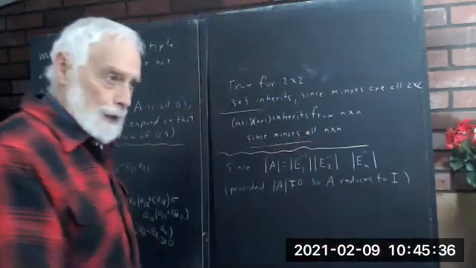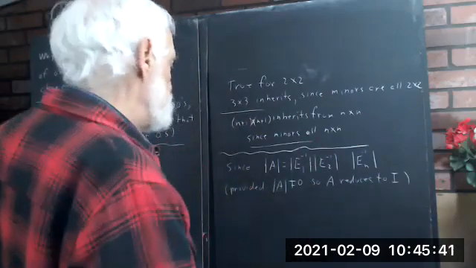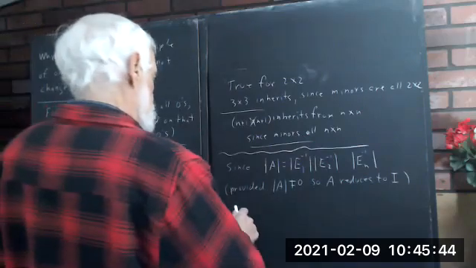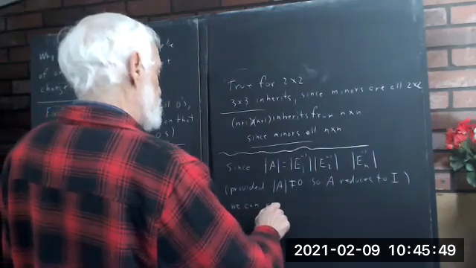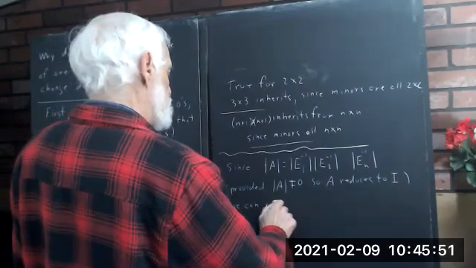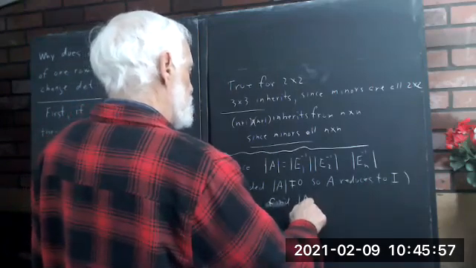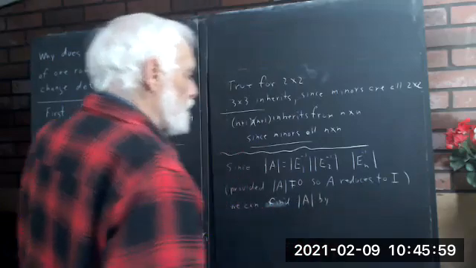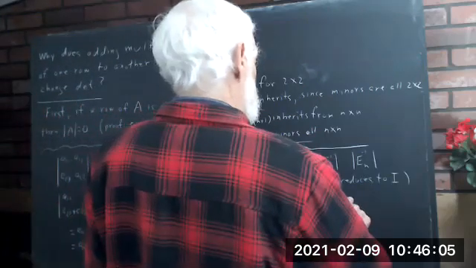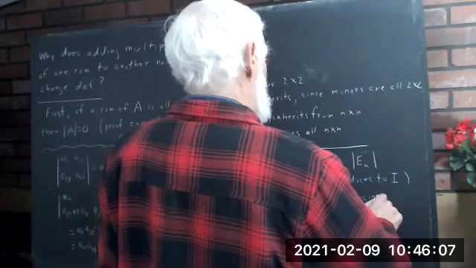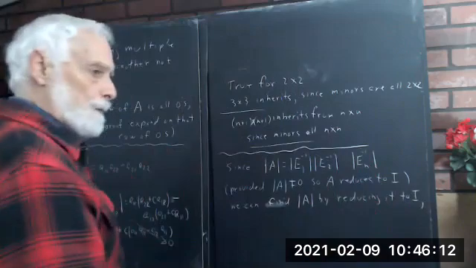So that A reduces to I, so you do this whole thing in the first place. We can find the determinant of A by reducing it to I.